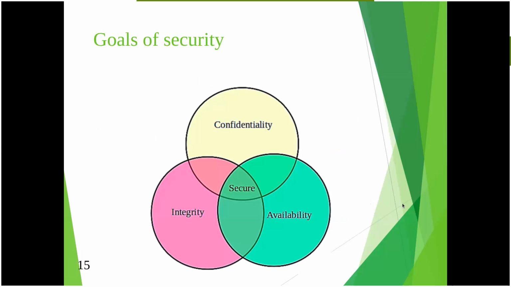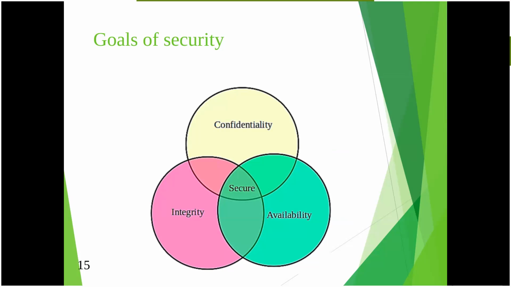These are the goals of security. Confidentiality: don't give access to unwanted persons. Integrity: authorized users are available, and those authorized users can see it; that is transparency.